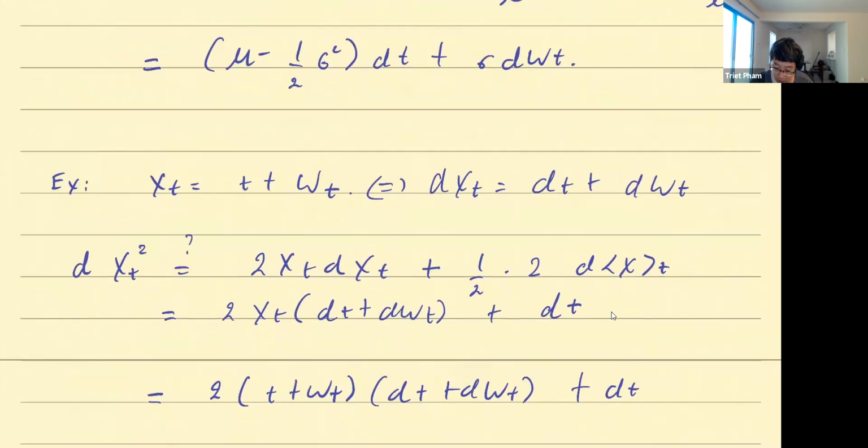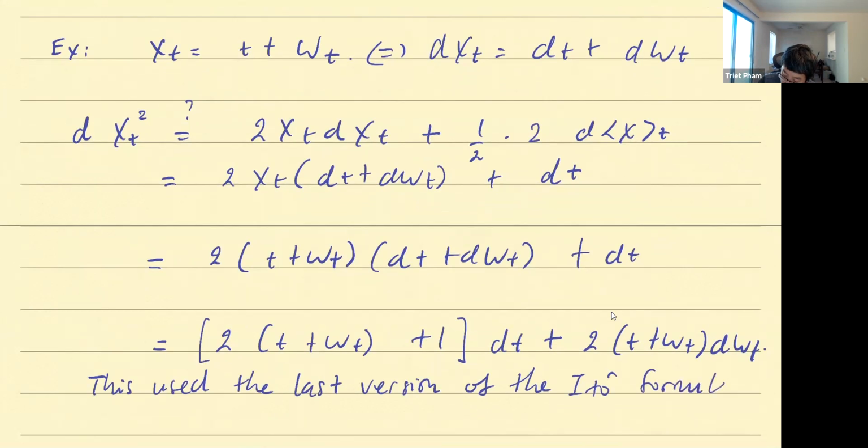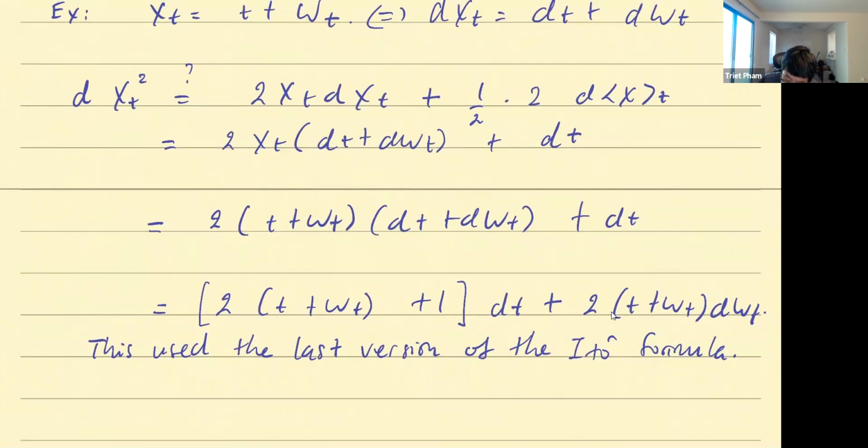This is using the last version of the Ito formula. But because X_t is very simple, we can look at it from a different angle, alternatively.